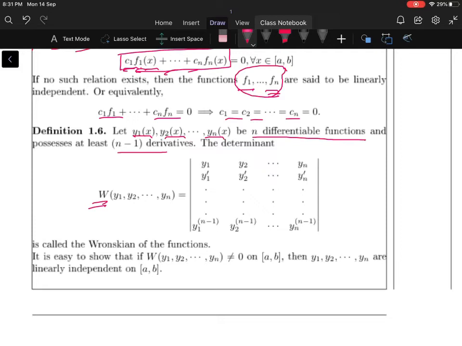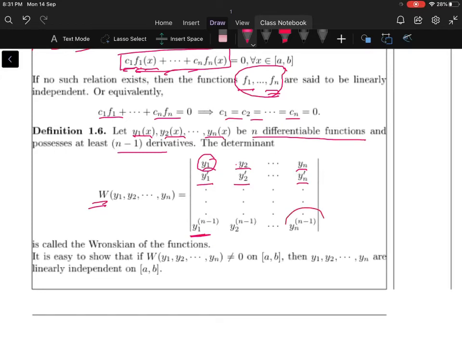Then the determinant, called W, is called the Wronskian. W of y1, y2, yn is the determinant of the n functions y1, y2, yn, then y1 dash, the derivative of y1, y2 dash, the derivative of y2, yn dash, the derivative of yn, etc., and this is yn to the power n minus 1.